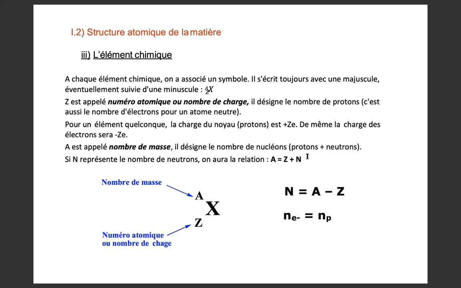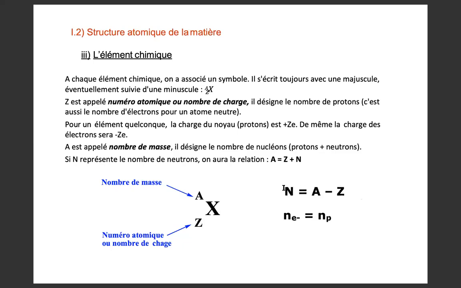So if you're calculating the number of neutrons, simple mathematics, you move the Z to the other side, and you have N equals A minus Z. So you get the number of neutrons.